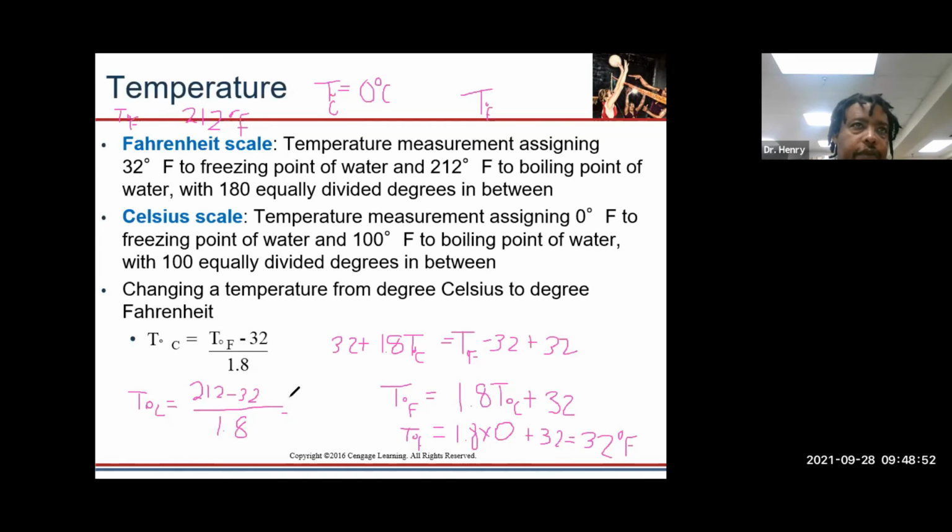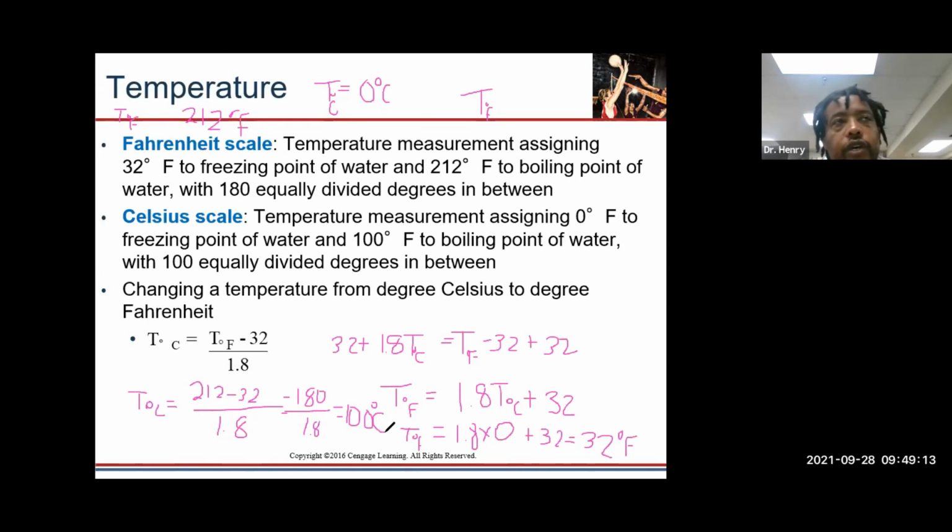If I get my math right, that'll be 180 over 1.8, or we would get 100 degrees Celsius. So 100 degrees Celsius is the temperature that water boils. So 212 in Fahrenheit would be the same.